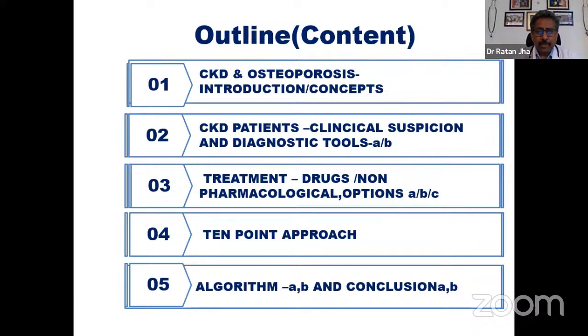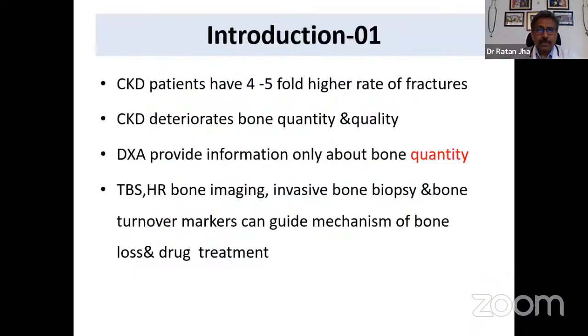What are the treatment options, the non-pharmacological therapies as well as the pharmacological therapies, and how to choose these options in different patients? The 10-point clinical approach when we see a patient of osteoporosis will be a clinical way to look at the thing, and what are the algorithms which we can utilize to make the treatment simple. And finally, we conclude with the message from my presentation.